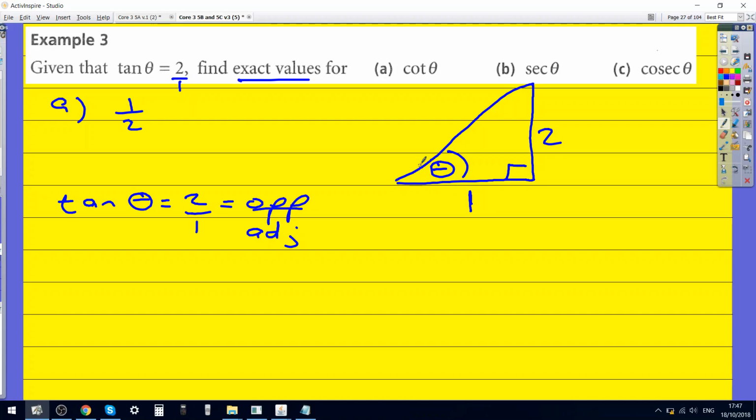I'm just going to plug this in. Okay, so 2 squared is 4, plus 1 squared is 1, which is 5. Root 5 is our hypotenuse. Yeah?